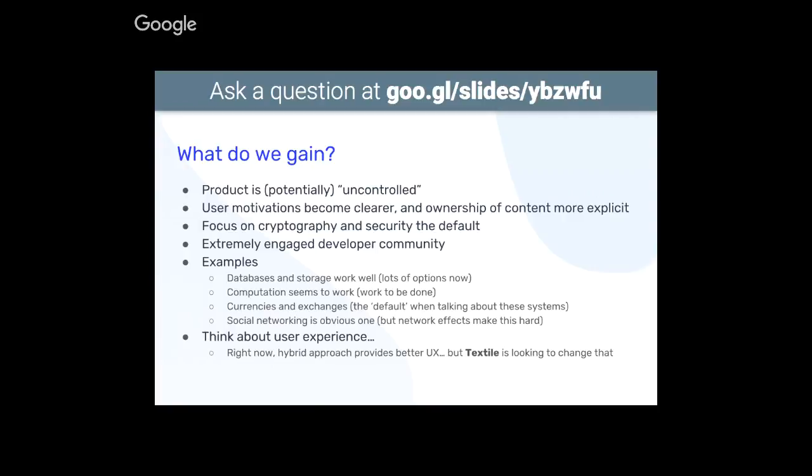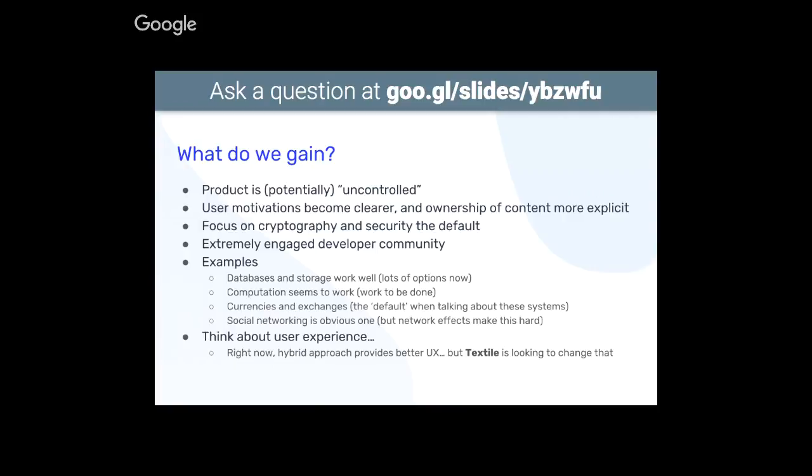Compute time, that seems to be a really growing area, where spreading out computation across worker nodes or worker peers looks like a very promising way to distribute access to compute resources. Obviously, currencies and exchanges are the default when talking about these types of systems, but things like social networks are also an obvious one.